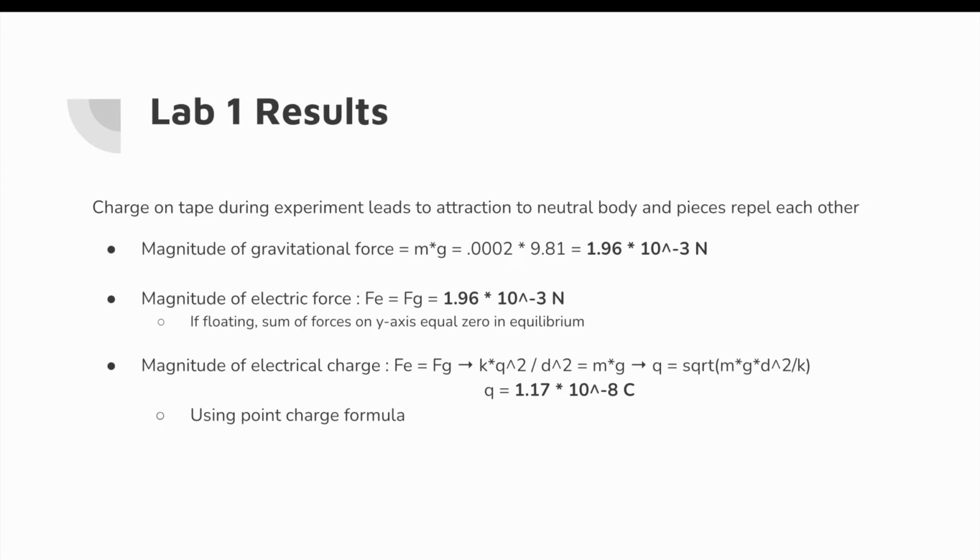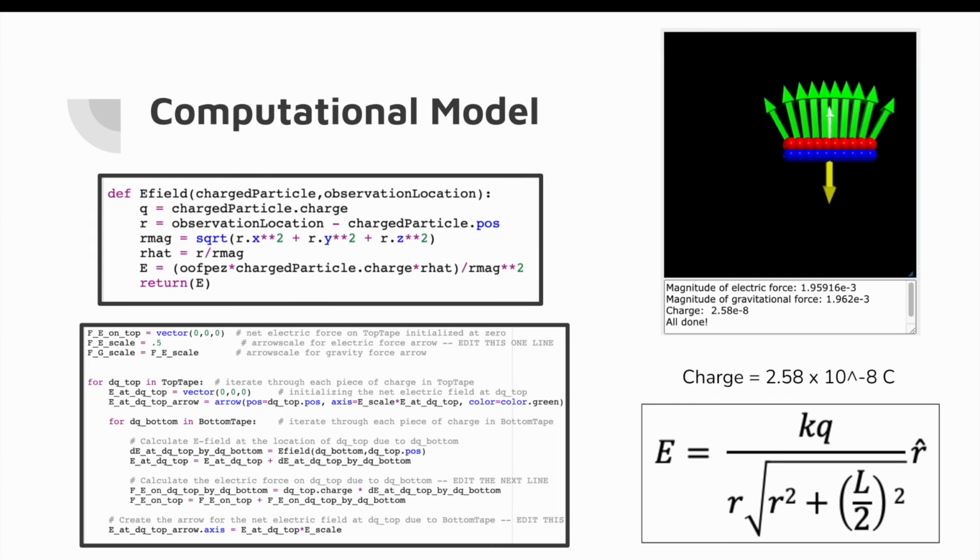It was 1.17 times 10 to the negative 8 coulombs, and now for Lab 2, the value on the right side equals 2.58 times 10 to the negative 8 coulombs. As you can see in the results, the electric force and the gravitational force are still relatively the same, which means that our value for our charge is reflective of an equilibrium system.